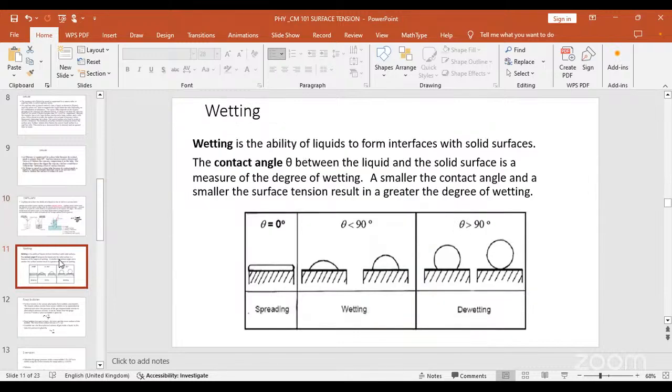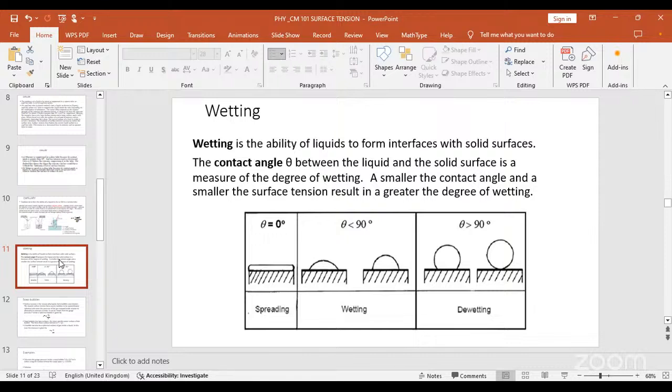We want to consider wetting. Wetting is the ability of a liquid to form an interface with solid surfaces. That is where we say wetting occurs.